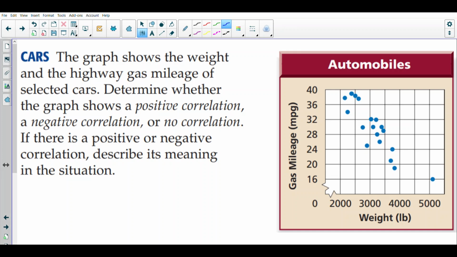The graph shows the weight and the highway gas mileage of selected cars. Determine whether the graph shows positive, negative, or no correlation. If positive or negative, describe its meaning. This one looks fairly obvious that there's a correlation; we can draw a line through it. It's not a very straight line, but it goes from left to right. So there is a negative correlation because it goes down.